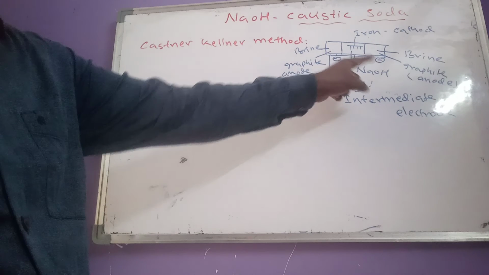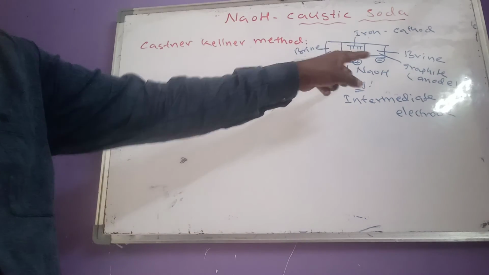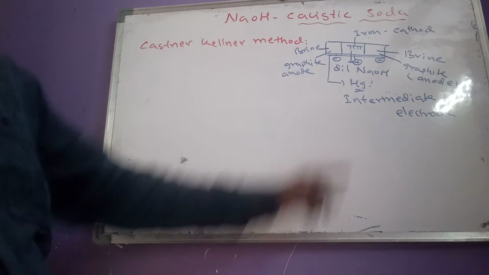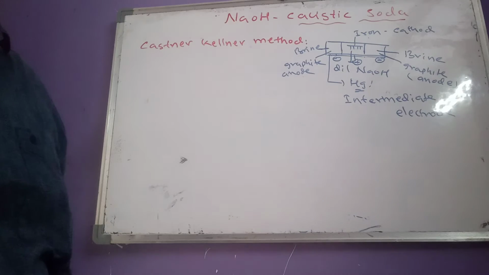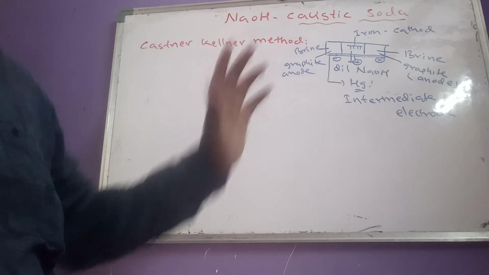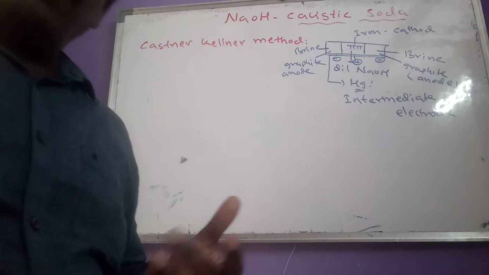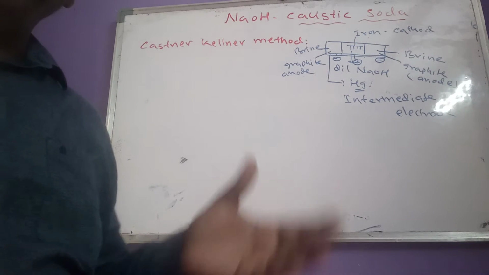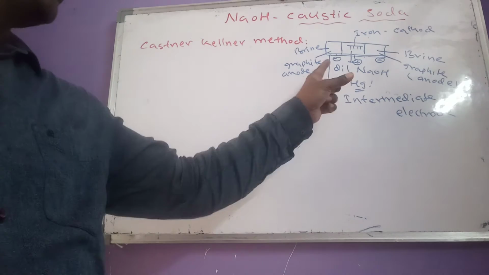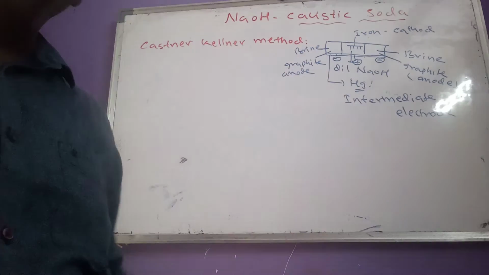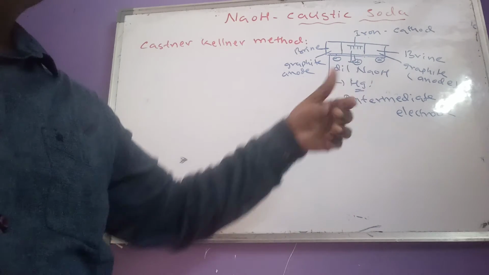In the outer compartments, graphite rods act as anode. In the middle compartment, a bunch of iron rods acts as cathode. Regarding mercury also we get questions. What is the role of mercury in the outer compartments in the Kastner Kellner method? It plays the role of cathode in the outer compartments.